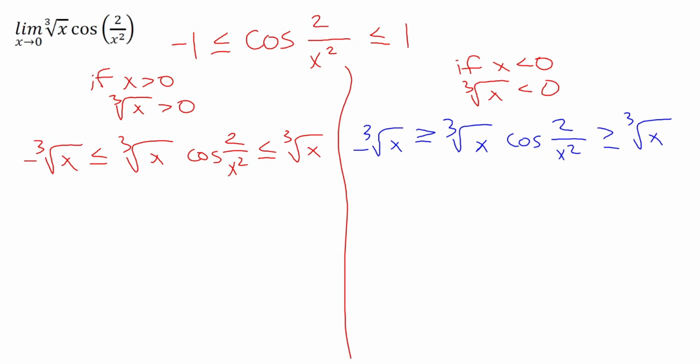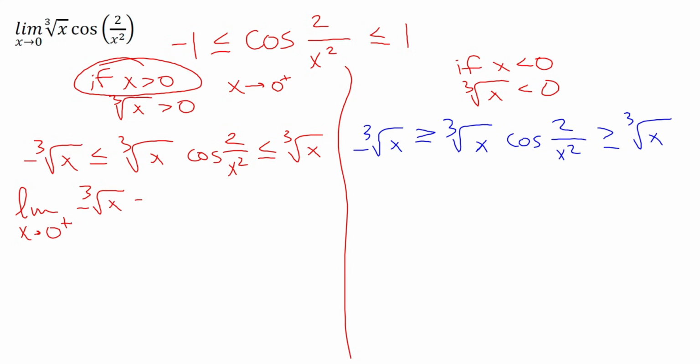And then when I look for my different limits, we again need to be careful, because on the left side over here, where x was greater than 0, I can no longer just do a limit as x approaches 0. Since x is greater than 0, I have to approach 0 only from the right-hand side. So we'll do a limit as x approaches 0 from the right of the negative cube root of x, which is 0.